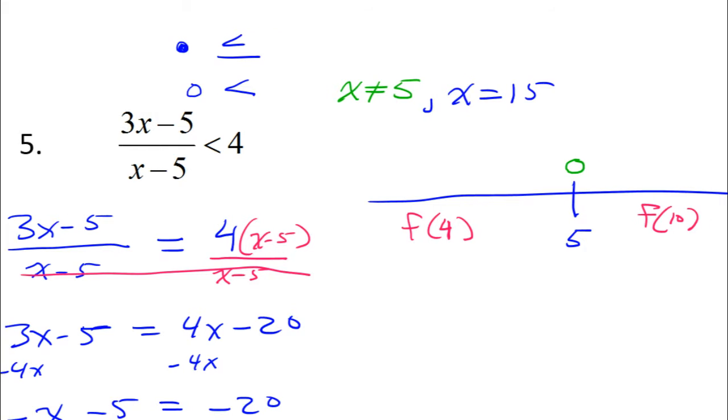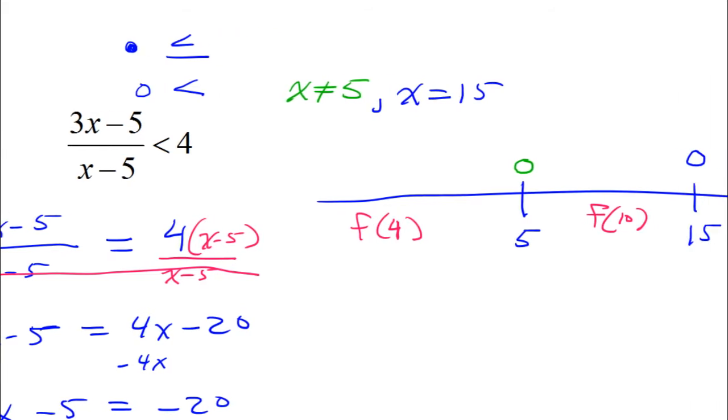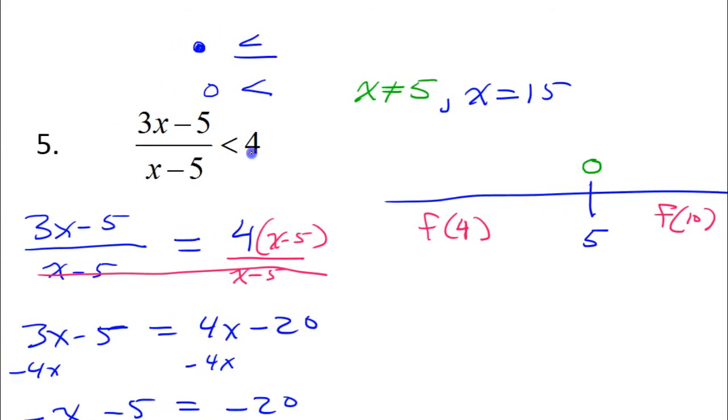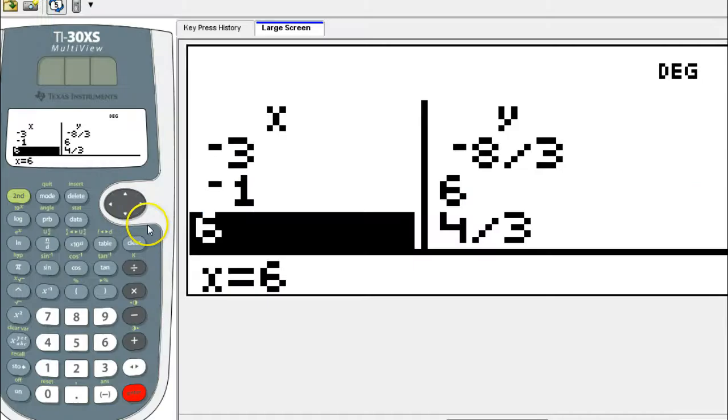Now, here's one thing. So just be careful. Right here, normally we have a 0 over here. This time we don't. This time we have less than 4. So when we do this, we're going to see whether or not the function is less than 4, not 0. Okay, so here we go.